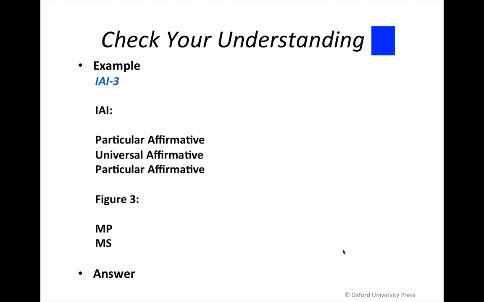So our major premise reads, some M are P. The minor premise is a universal affirmative. Figure 3 tells us that the middle term is in the subject position. So our minor premise reads all M are S. And then the conclusion reads some S are P.